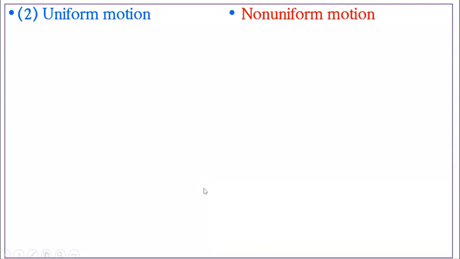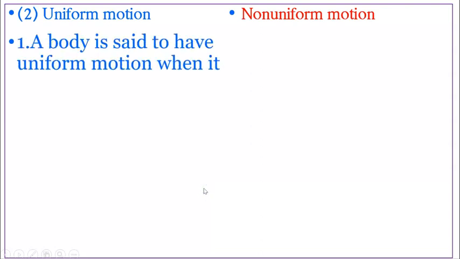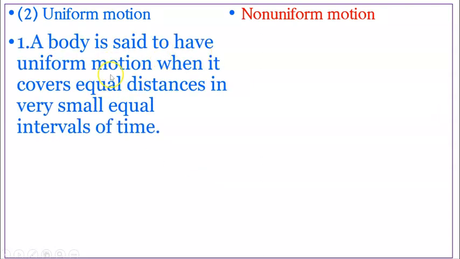Uniform motion, non-uniform motion. First, a body is said to have uniform motion when it covers equal distances in very small equal time intervals. Means what? Equal distances in equal interval of time, and here we consider mostly that very small equal time intervals.